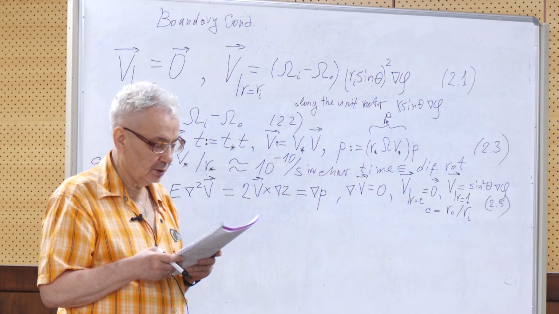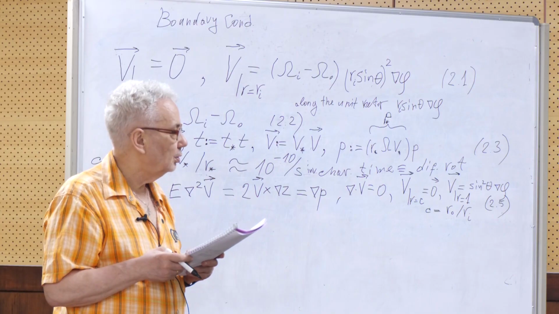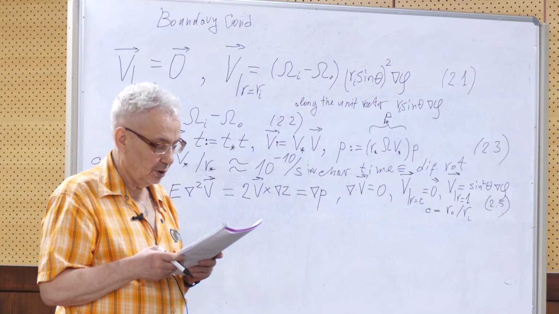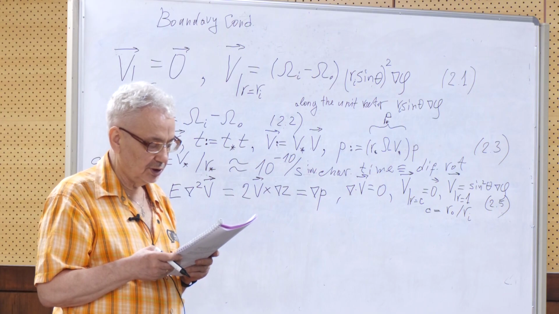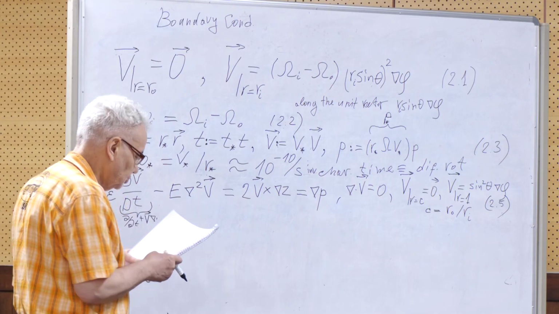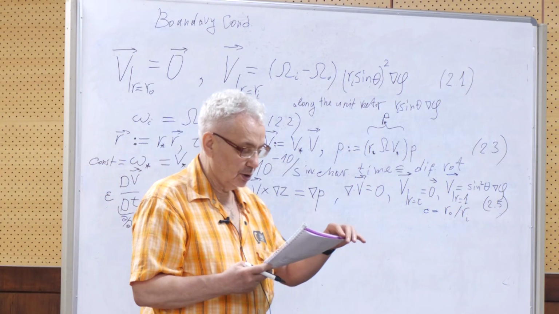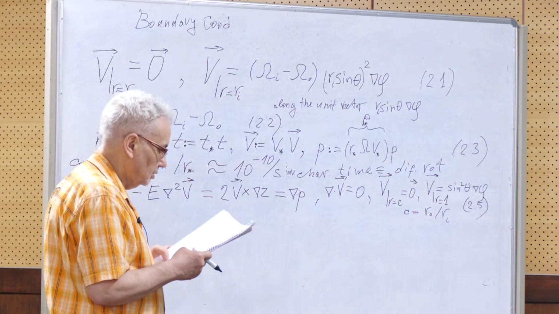The Rossby number is determined by the ratio of the characteristic velocity of the flow to the characteristic rotational velocity of the entire system. So actually we can proceed to the definition of these important numbers which control everything.